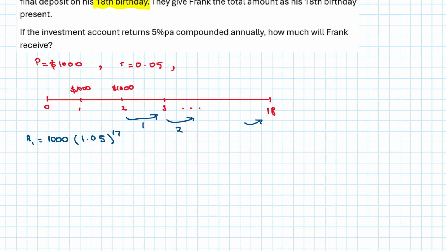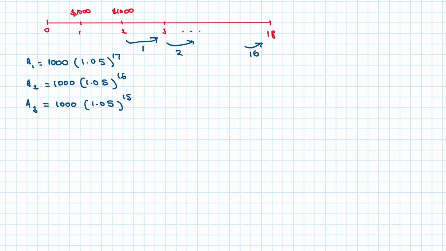So by the 18th birthday, that would be 2 less, so that's 16 years. So amount 2 accumulates interest for 16 years. Amount 3, looking at the pattern, would be $1,000, 1.05 to the power of 15 years.